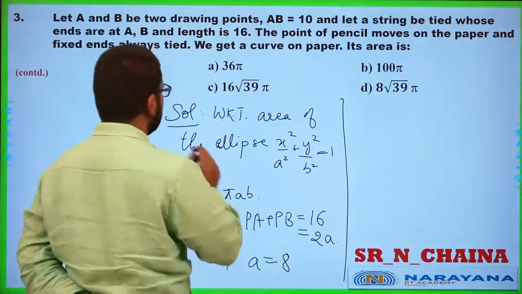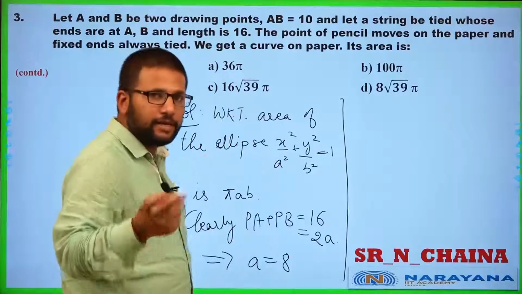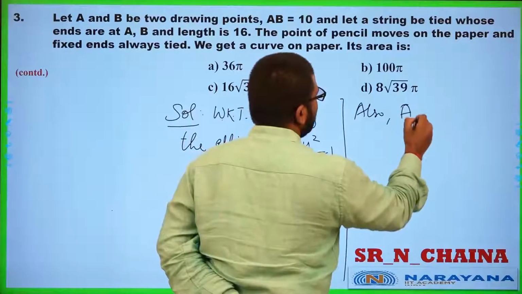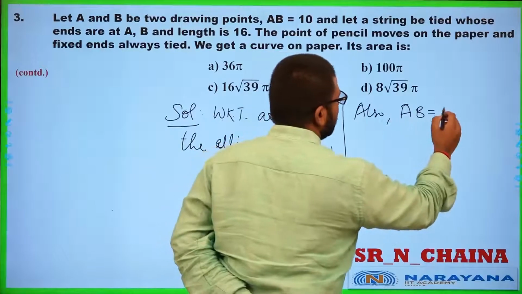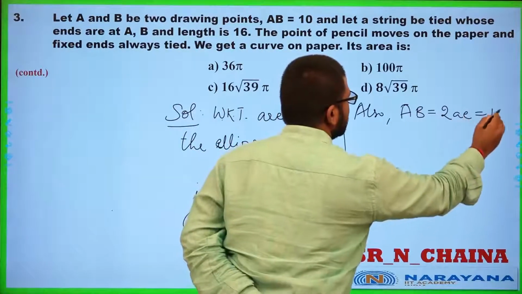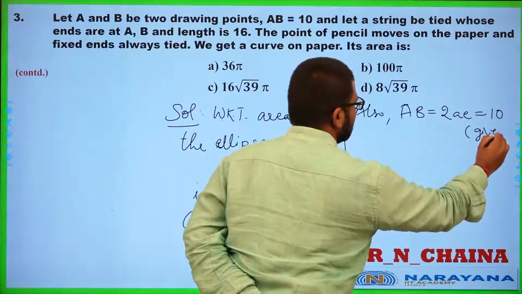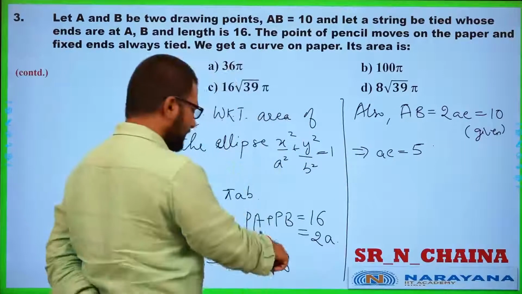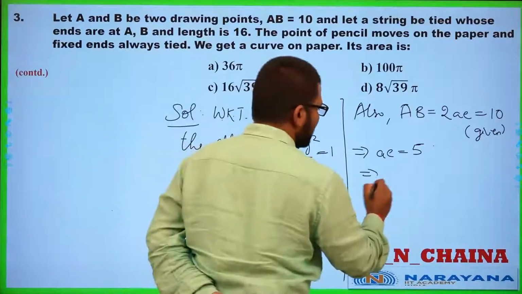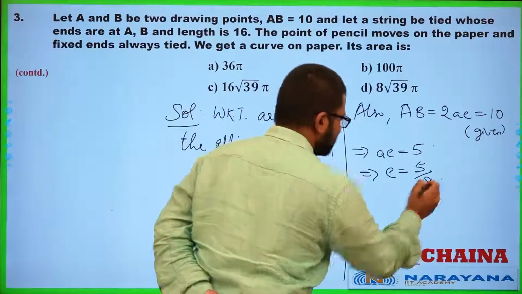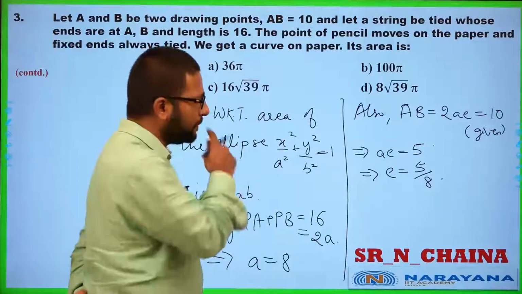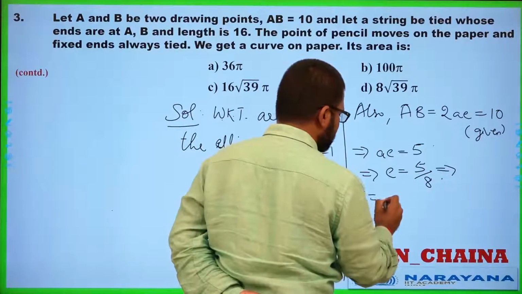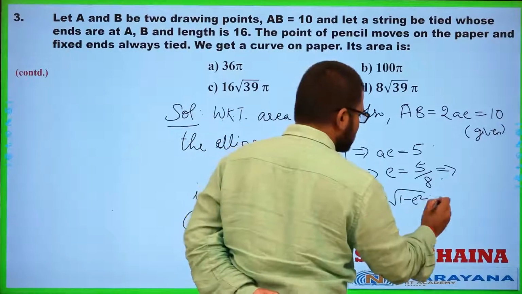Alright, what else? Now to get b, I need the value of e. To get e, we know AB, which is the distance between the foci, is 2ae, correct? Equal to 10, which is given, right? Which means ae is equal to 5, but the value of a itself is 8, right? Which means e is 5 by 8, because we know a is 8. I just substituted it. Once I know eccentricity, tell me what is the value of b? b is equal to a root 1 minus e square.